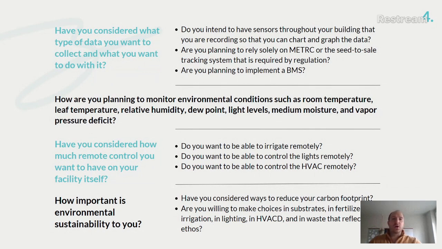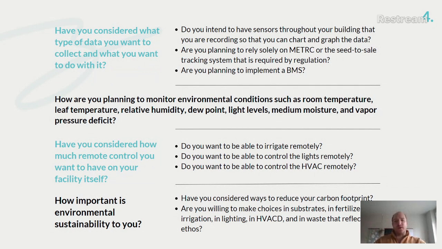And I strongly encourage folks to look for a seed to sale tracking system that is very robust, a full ERP system. Do not solely rely on Metrc, because Metrc is meant to keep you regulatorily compliant. It's not really designed to give you actionable data with which to continue moving forward in your operation.